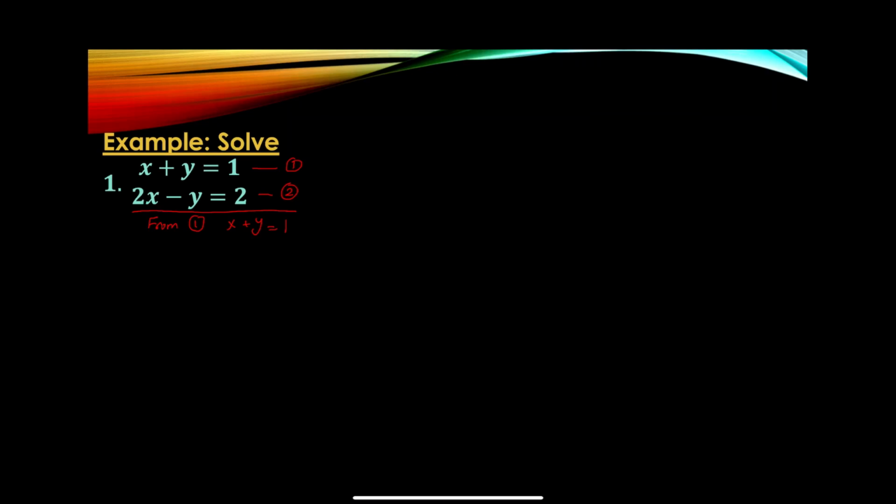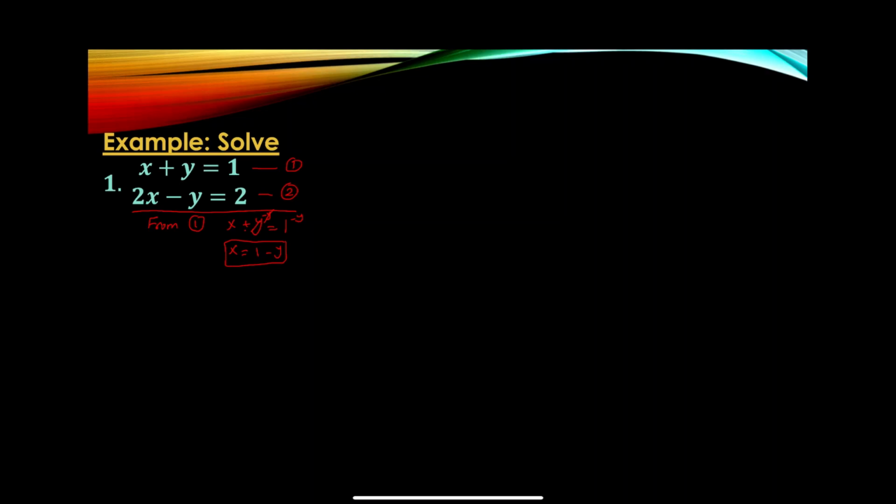So I have to subtract whatever we have here, positive y, so I'll add negative y and negative y. This will be cancelled with this, so x equal 1 minus y. Now we were able to write x in terms of y, which is 1 minus y.